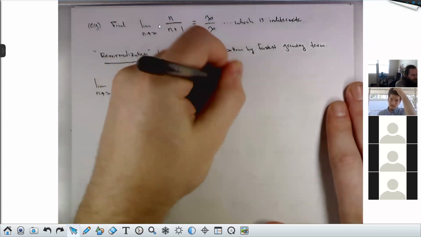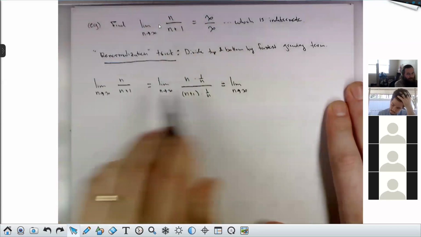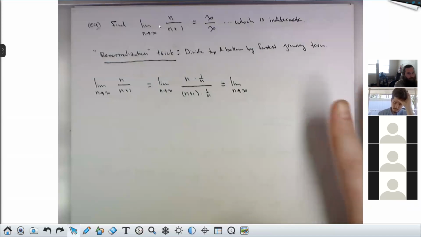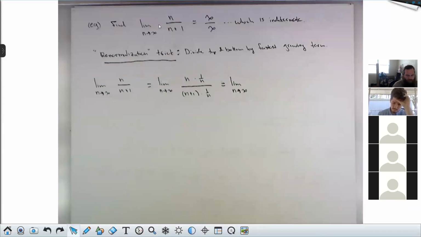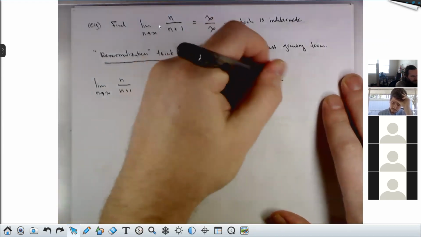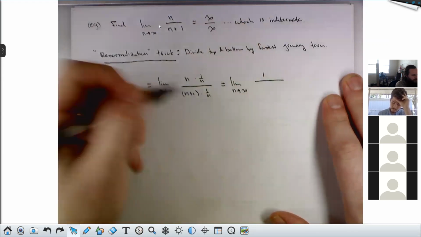N divided by n upstairs, so I still have lim n to infinity. You need to be disciplined about this. Keep writing your limits, write your equal signs. Don't be sloppy. The notation here matters. It matters so much. And if you get sloppy here, it's going to hurt you badly when we start talking about series. So please start practicing this discipline now. N divided by n upstairs here is just 1. And downstairs, when I distribute this, I'll have 1 plus 1 over n.